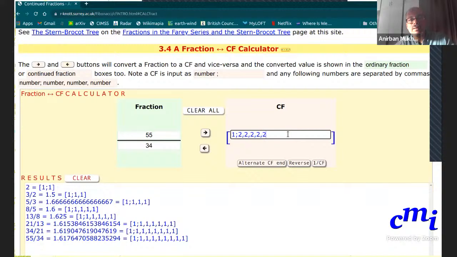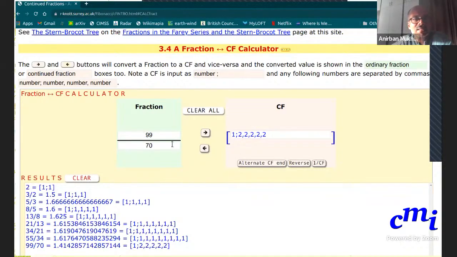So we have these 5 2's. So this is 99 by 70. That's what we were saying, that if you multiply numerator and denominator by 3, then what you get is this 297 by 210.